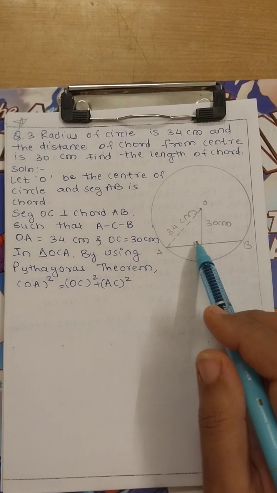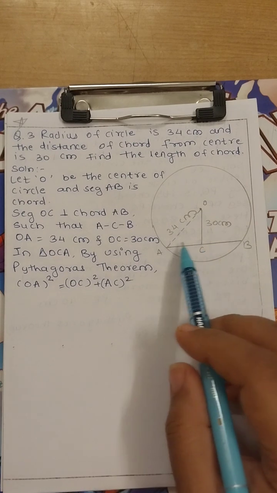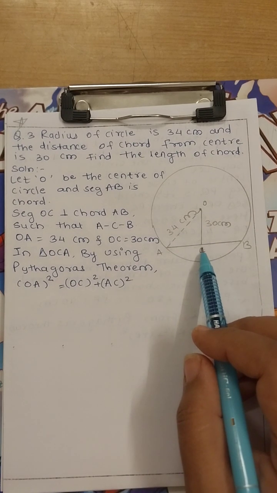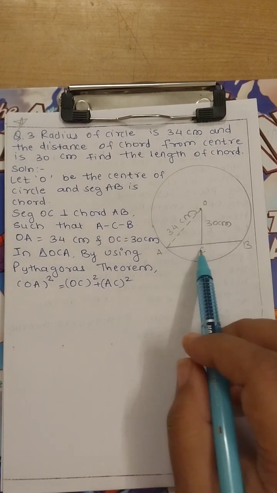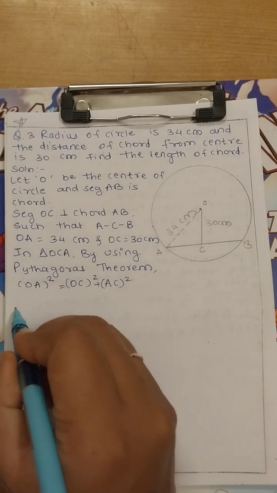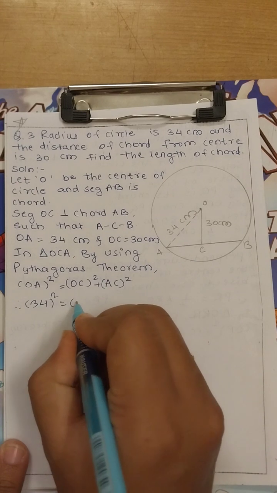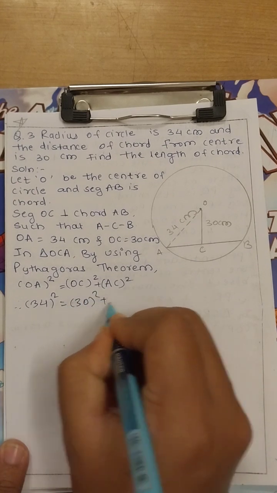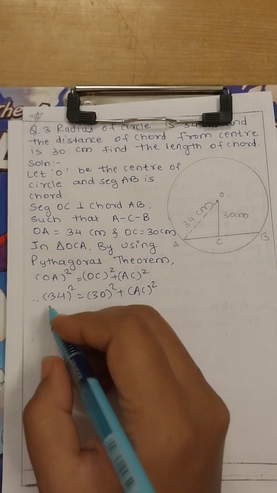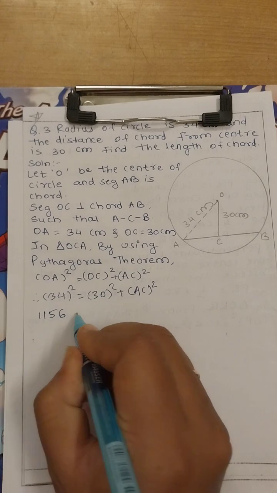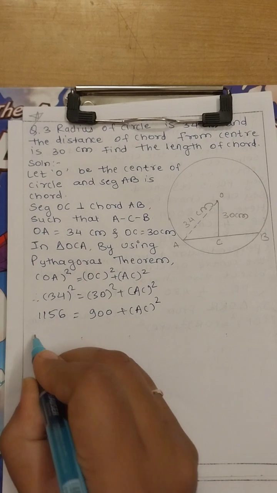Therefore, by using Pythagoras theorem, OA square is equal to OC square plus AC square. By using this formula, you can find out the value of AC. 34 square is equal to 30 square plus AC square. 34 square is 1156, which is equal to 900 plus AC square.